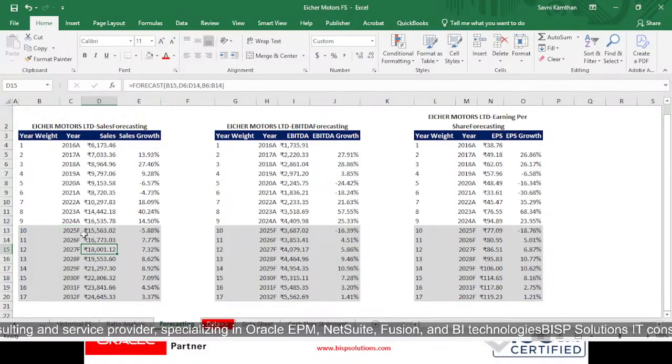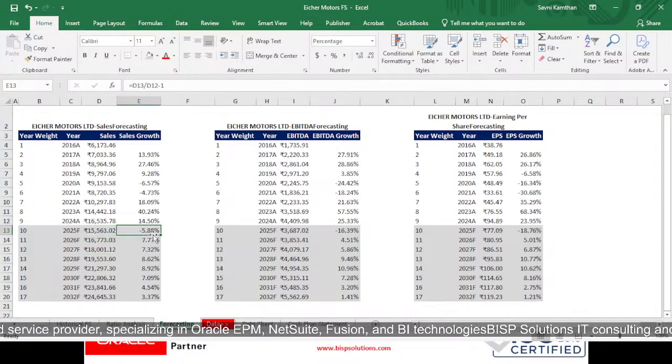Right now in 2025 it might get decreased because of some issues or anything, or if there is any change in raw materials amount, so sales growth can be declined, right? But from 2026 it will be rising from 7.77%, then 7.32% will there be increase, and after that 8.62, then 8.92, and 7.09%, like that it will be calculated, right?